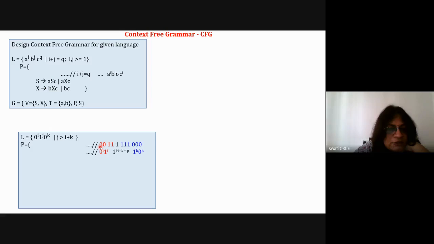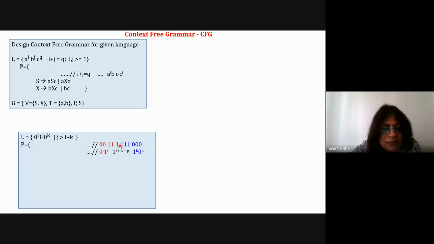So I am having a string as 0 0, six 1s and 3 zeros. I am assuming i is equal to 2, k is equal to 3. So here there are two zeros and here there are three zeros, and then the number of ones is greater than 2 plus 3, that is 5. So it is greater than 5, that is, minimum 6. Now I can split this number of ones.